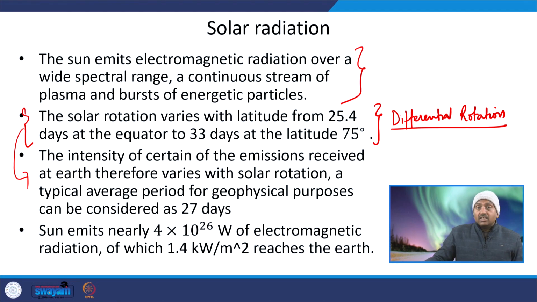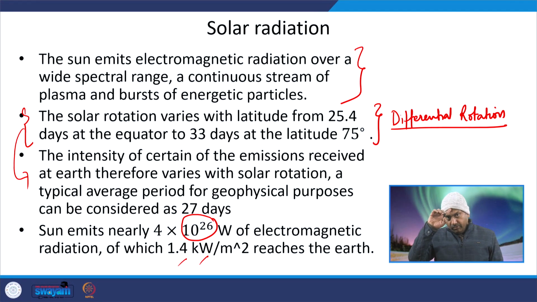You can remember the approximate order of this energy output, 10^26 joules per second, out of which 1.4 kilowatts per meter square reaches the Earth, or 1.4 kilojoules of energy reaches the Earth per unit surface area per unit time.